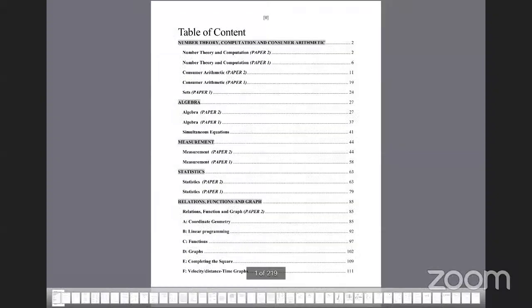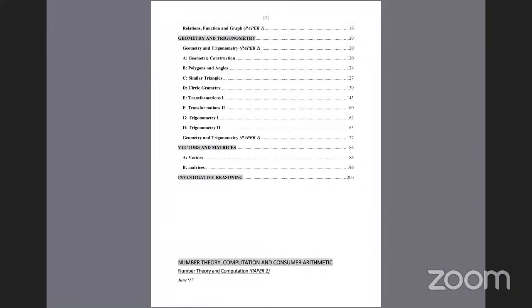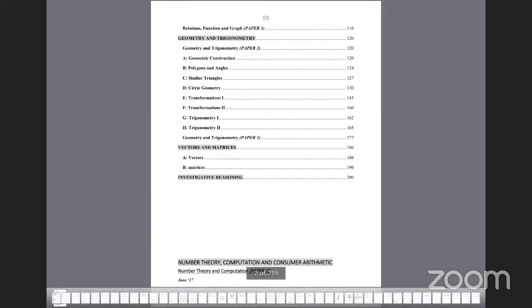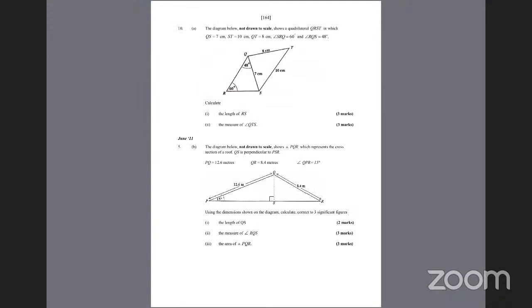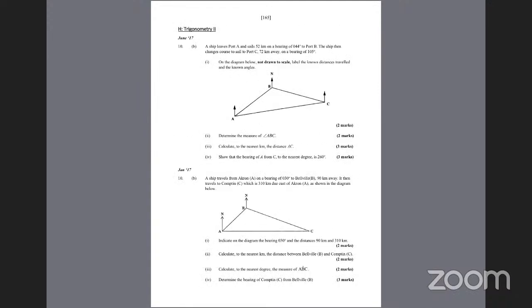Right, these questions already have diagrams. All you have to do is put in the angles. Which one did I give you last night?